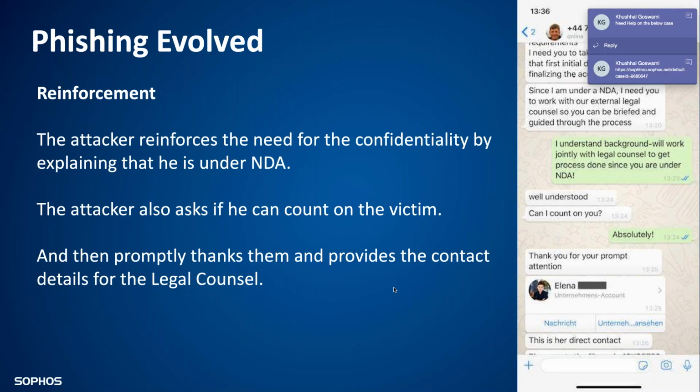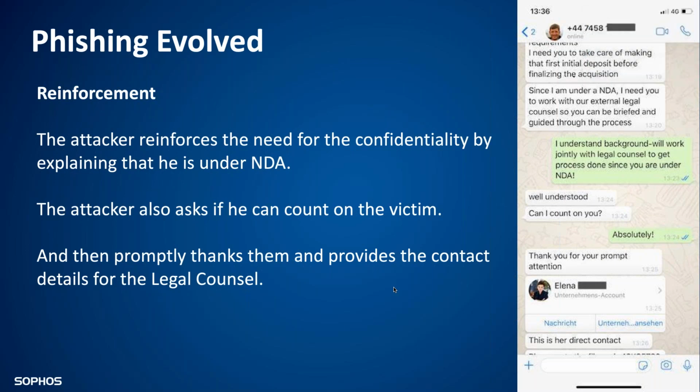This legal firm is actually the legal firm that we utilize. Of course, that contact information is not going to be the correct number to call that actual legal firm. So again, the bad guy did a lot of research and made sure they knew exactly what was going on. There's also some reinforcement in here of, hey, can I count on you? Can I count on you to get this done quickly and confidentially?